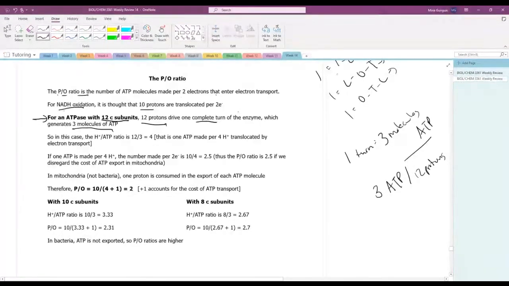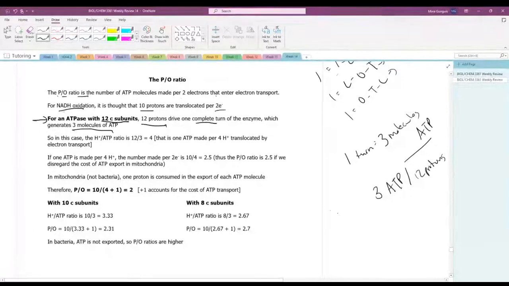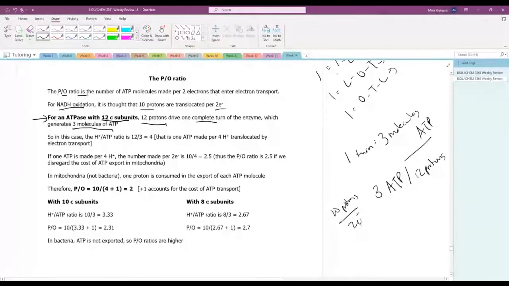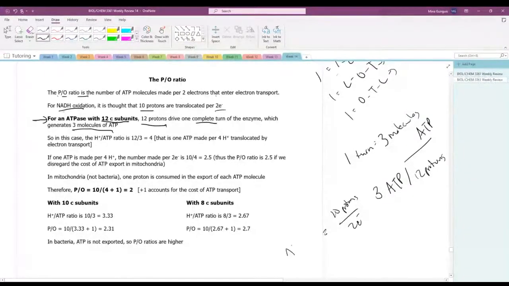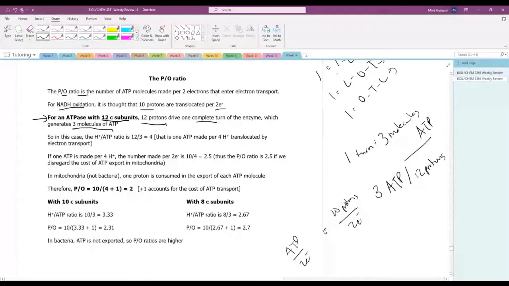NADH oxidation is 10 protons per 2 electrons. So what we can do to get ATP per 2 electrons is multiply these two. So 10 times 3 over 12 times 2 is 30 over 24. Right? Yes, okay, I did that math right.